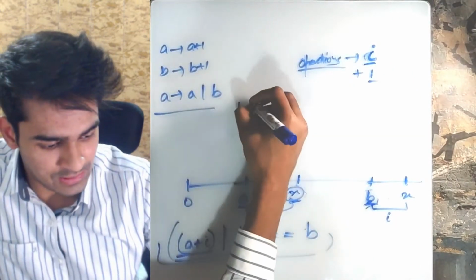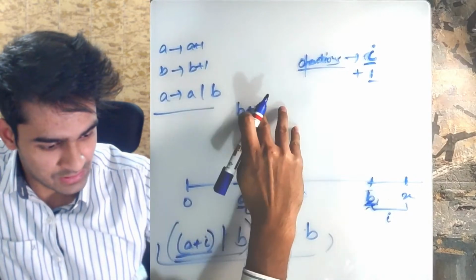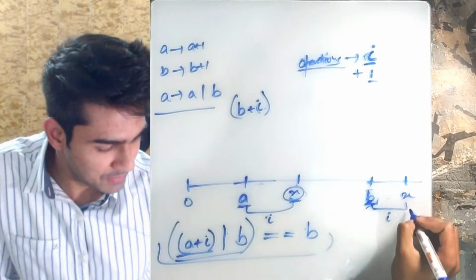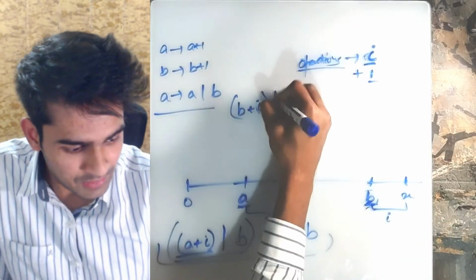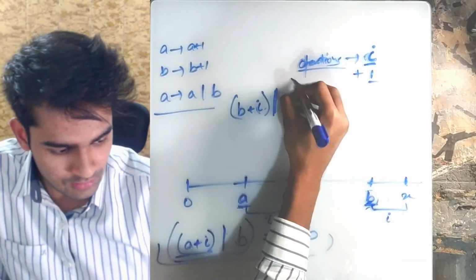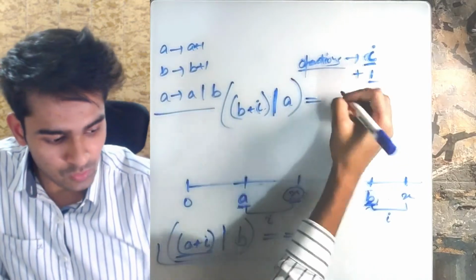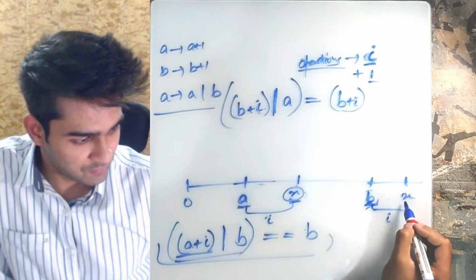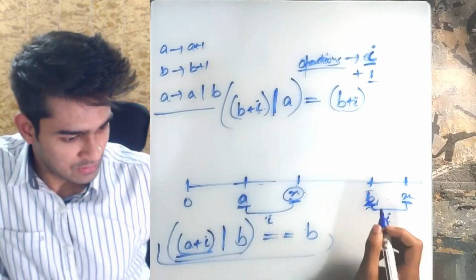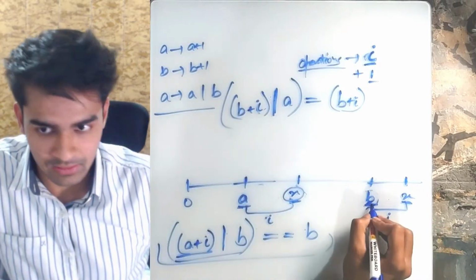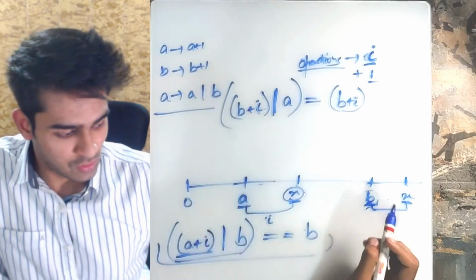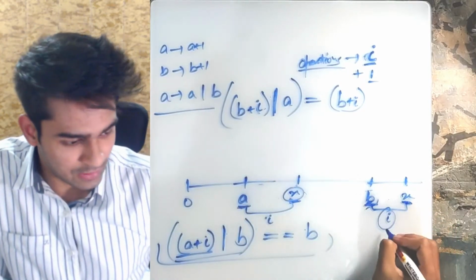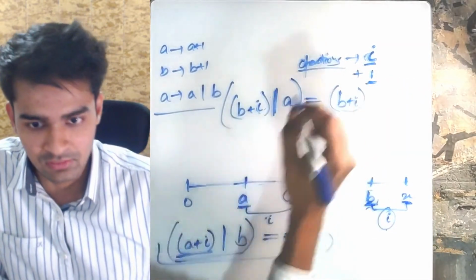Now my new b is b plus I. Now I have to see if this b plus I, when taken a bitwise OR with a, becomes equal to b plus I, because my new b is b plus I, which is this x. If after adding some values in b, the bitwise OR of this value and a equals this value, that means I only had to make I operations for the addition and then one operation for the OR part.